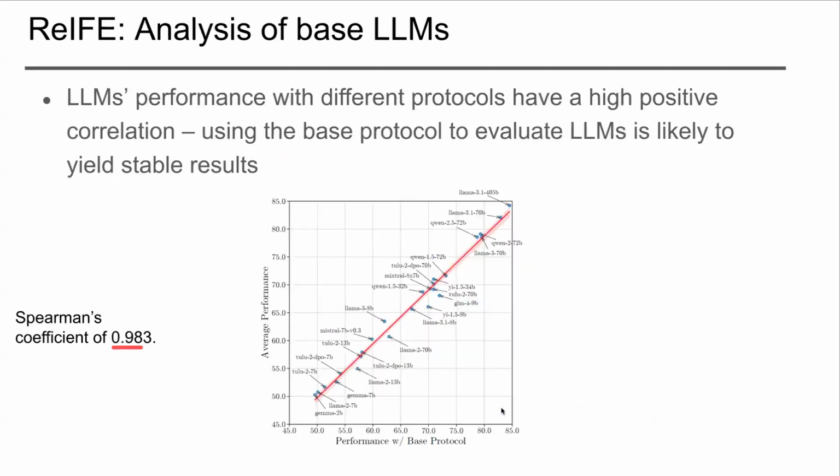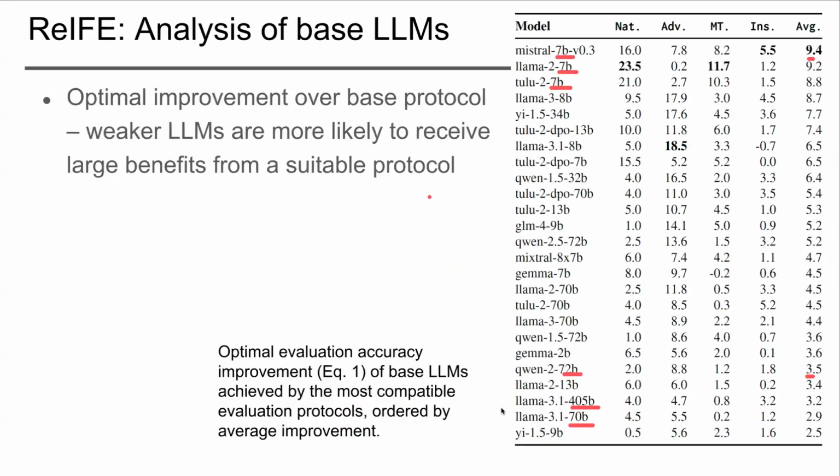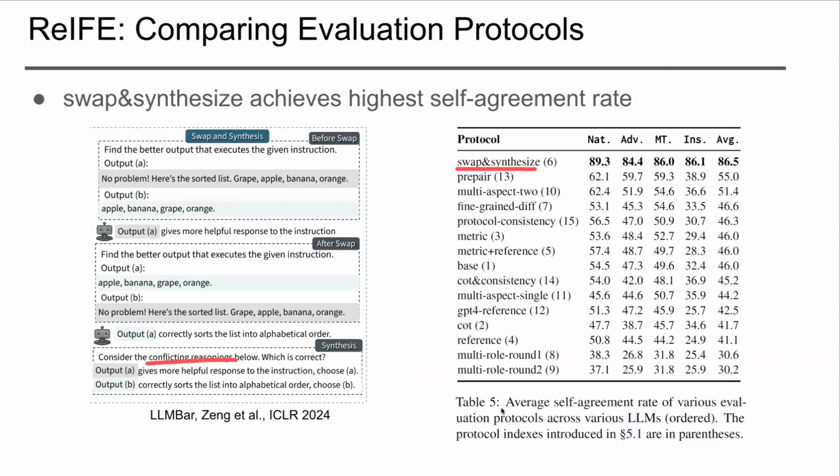I think we have some results on that based on consistency. So this is averaged over all the models. This is the protocol, and the higher number means that the model has less position bias, is more consistent.